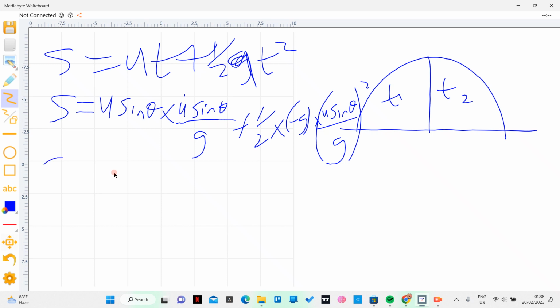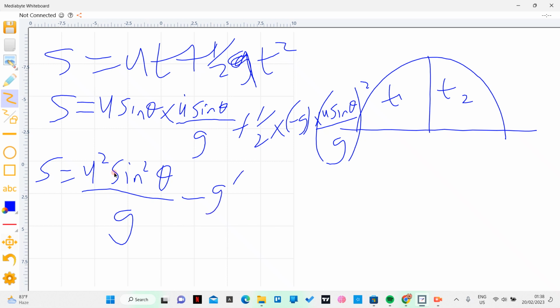So by the time you expand everything and simplify it, you're going to have u squared sine squared theta over g, minus g times half, times u squared sine squared theta all over g squared.